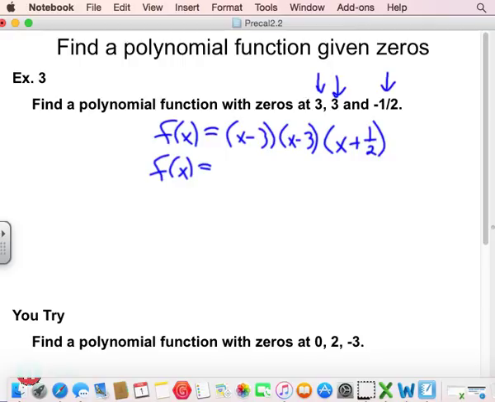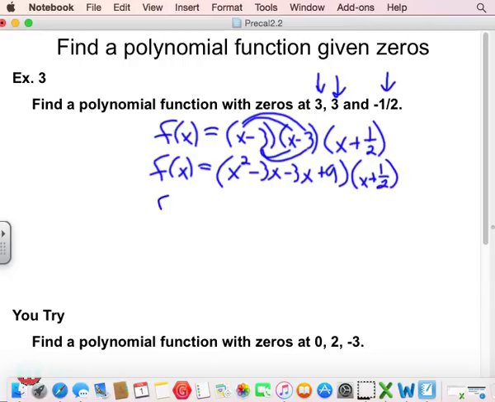So I multiply x times negative 3, it's x squared minus 3x, minus 3 times both, it's minus 3x again, and plus 9. And then I'm going to combine my like terms. So I got x squared minus 6x plus 9.